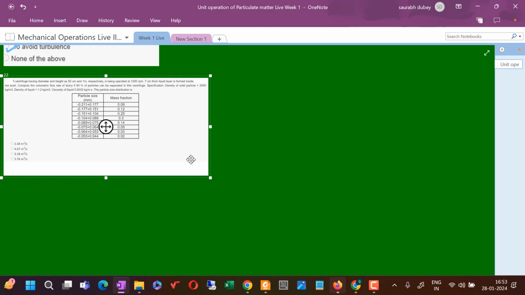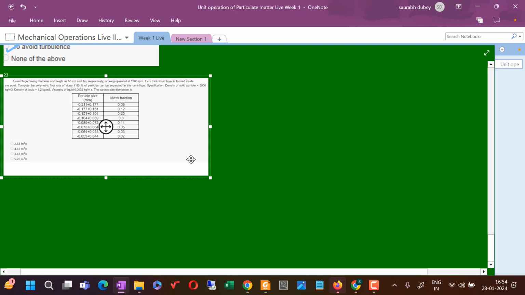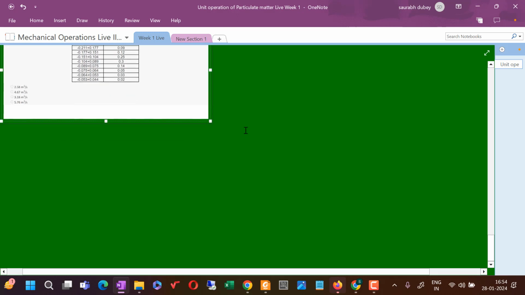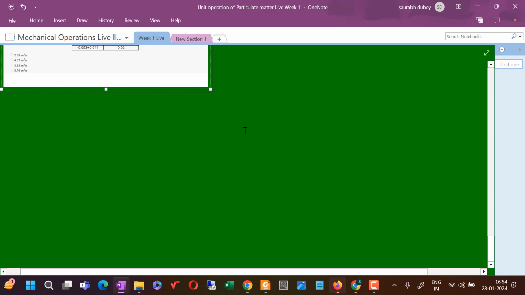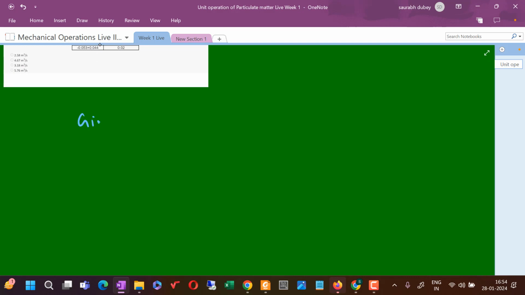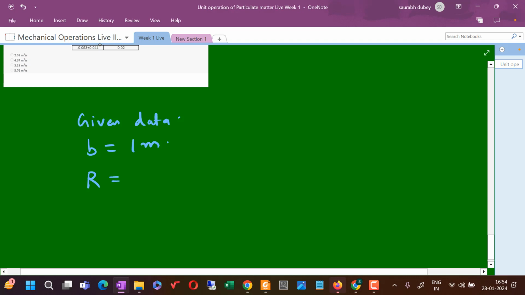You need to be ready with the calculator when you are going for this particular problem, because it involves calculations. The given data are: the value of b is 1 meter, and R is 0.25 meters.